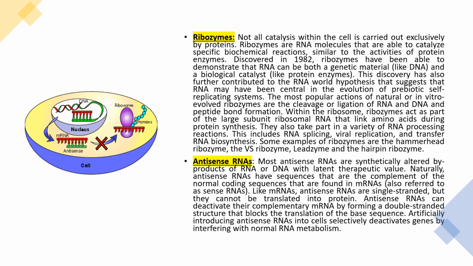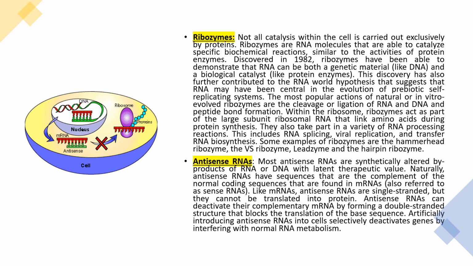They also take part in a variety of RNA processing reactions. This includes RNA splicing, viral replication, and transfer RNA biosynthesis. Some examples of ribozymes are the hammerhead ribozyme, the VS ribozyme, leadzyme, and the hairpin ribozyme.